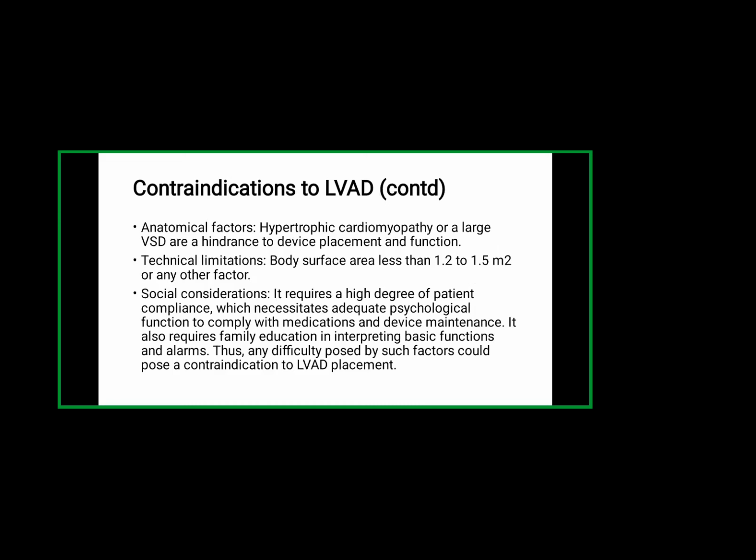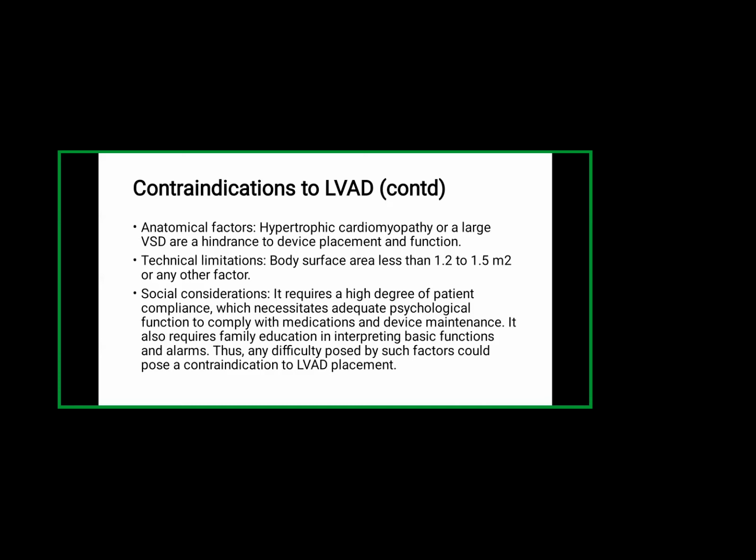There are also some anatomical factors that may hinder adequate placement of the LVAD. For example, patients with hypertrophic cardiomyopathy, which we are still going to talk about today, or patients with a large VSD, where you may not be able to adequately place the device. Technical limitations include low body surface area. Then there are social limitations.